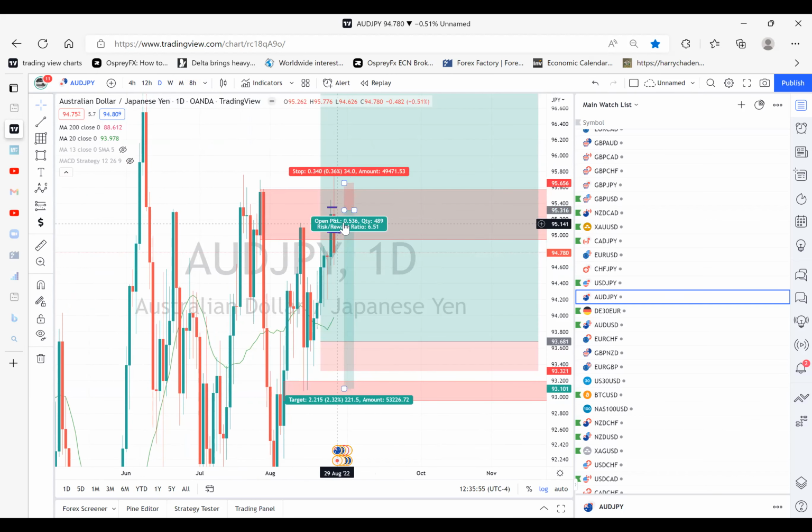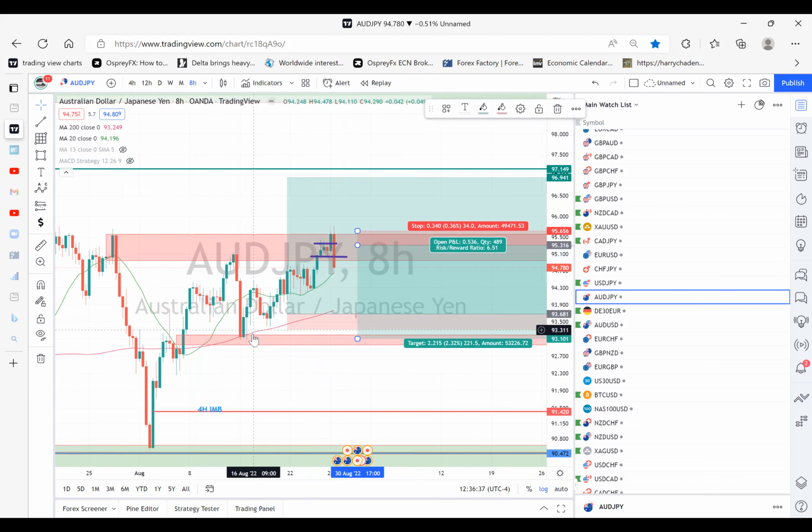Now, this area has been tapped into twice, right? Which would lead you to believe that it should probably tap into a higher area. I would think another zone would need to be tapped into, which is why I place my entry at this order block versus this one right here, the one you're using.